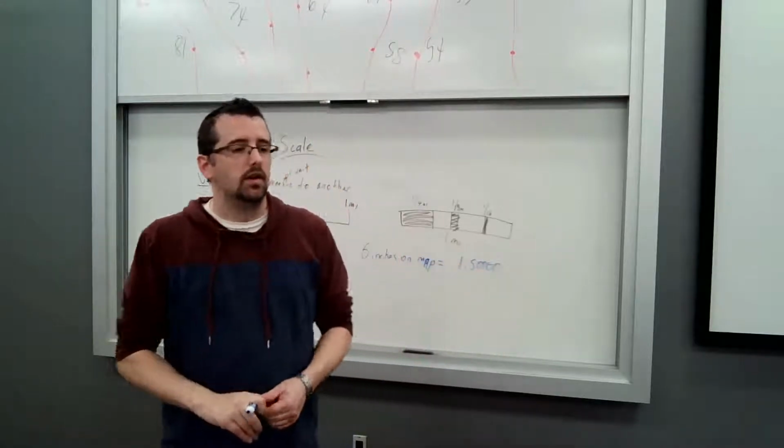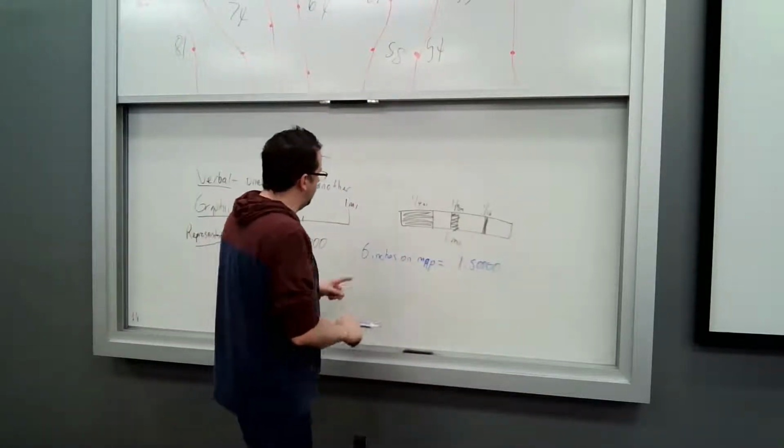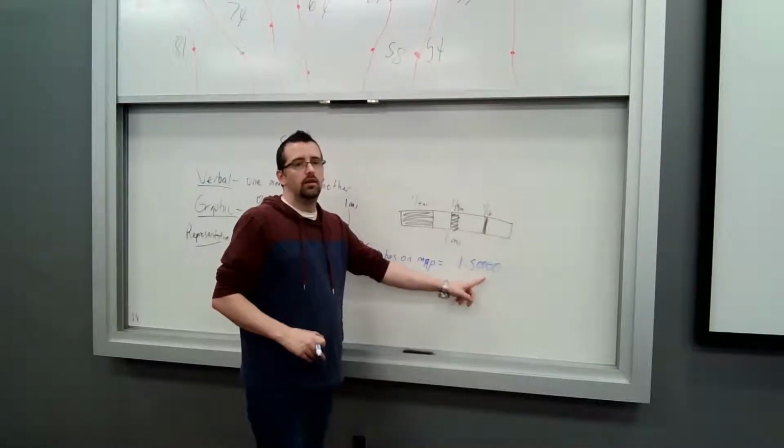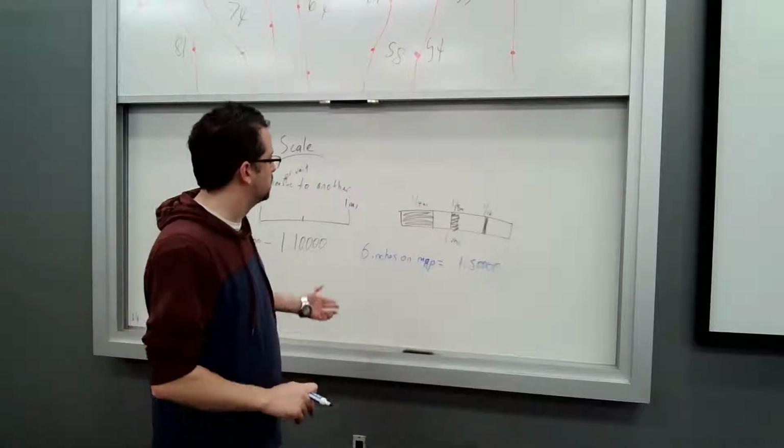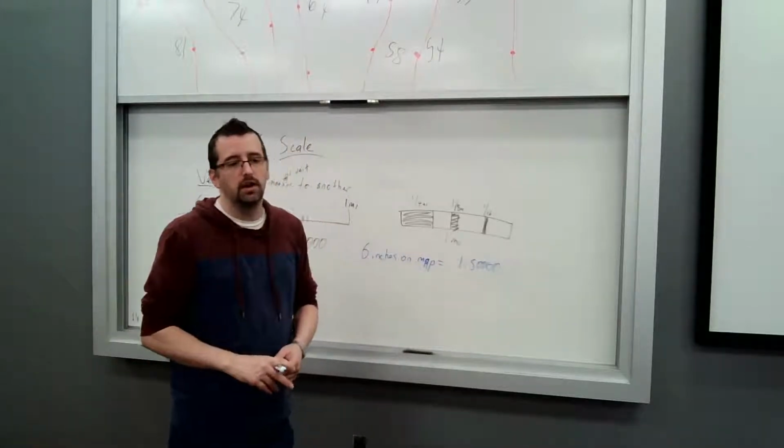Okay. So how do we figure out how far that distance is on the map? How far 6 inches is? Well, if you said that you would just multiply the 6 by 50,000, you'd be right.